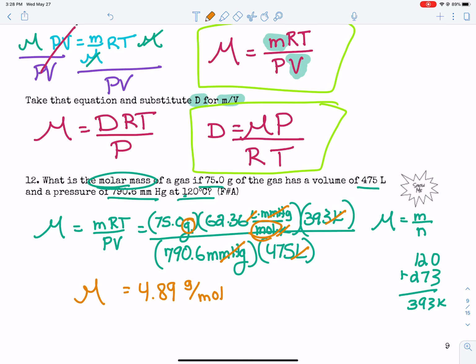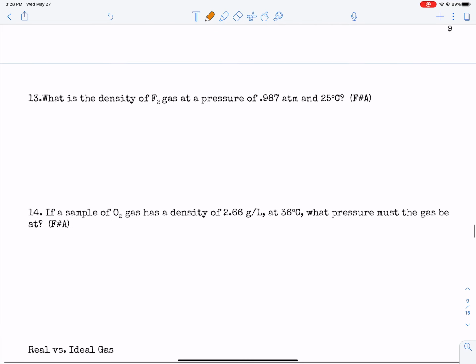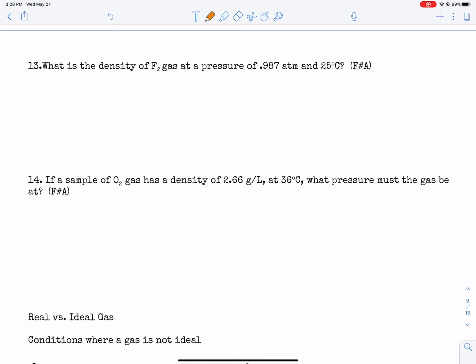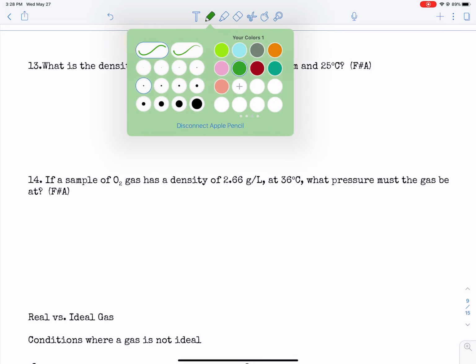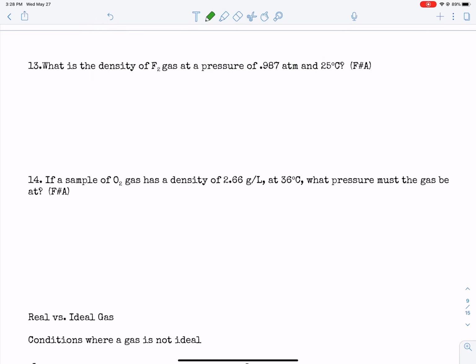Okay, a few more problems using those formulas there. What is the density of fluorine gas at a pressure of 0.987 atm and 25 degrees Celsius? So you could use density equals mass per volume. You don't really have a lot of information to use that formula though.